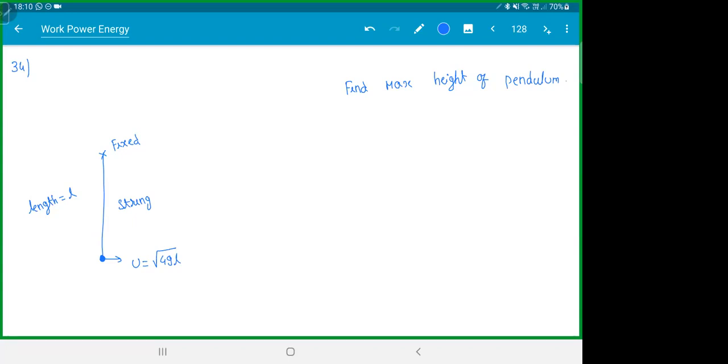What did you find? Maximum height of the pendulum. What is the maximum height it will go? If it is going to the highest point, then why did we derive root 5gl then? It should have been root 4gl, isn't it?